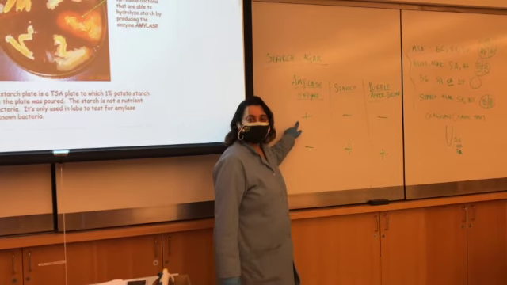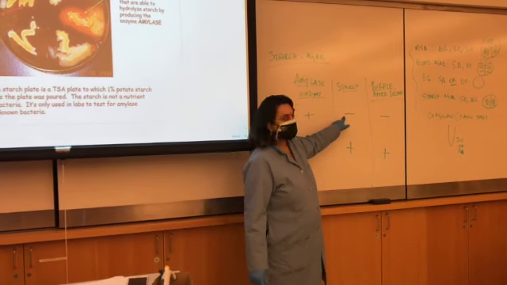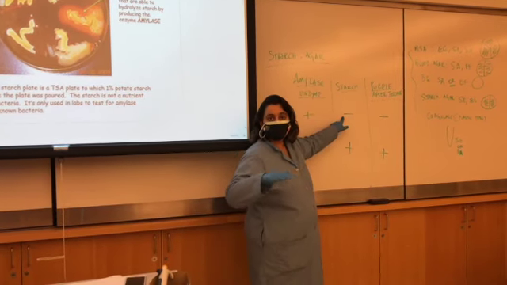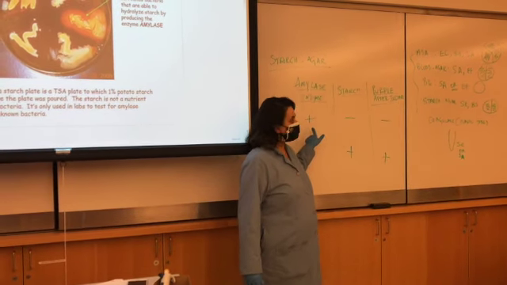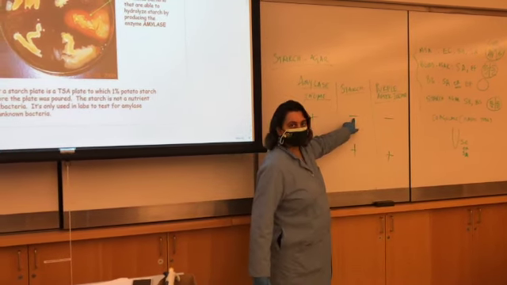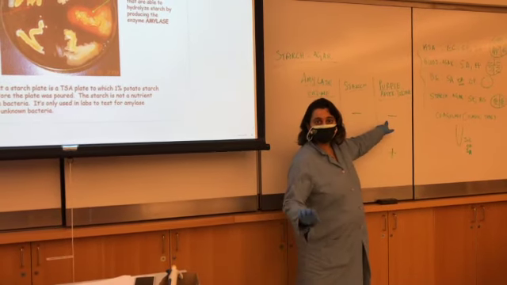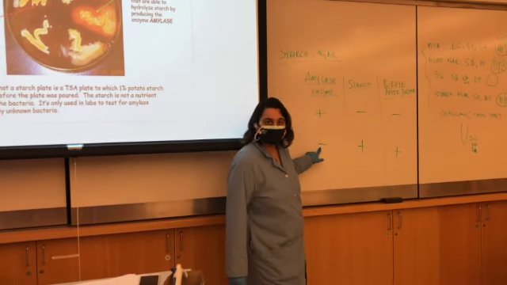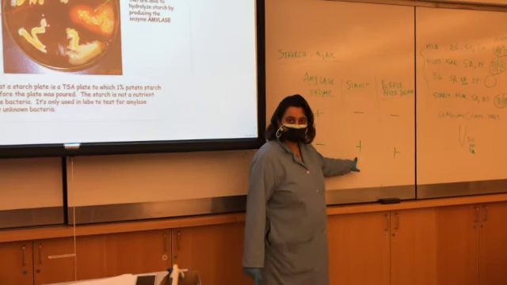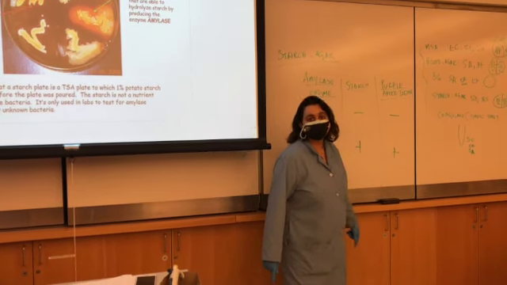If it is positive for amylase, obviously the starch will all be broken down. So I am writing negative here because the amylase will break down starch. And if there is no starch, there is no purple color when you add iodine. If there is no amylase enzyme, the starch will still be present and you will see a dark purple color when you add the iodine.